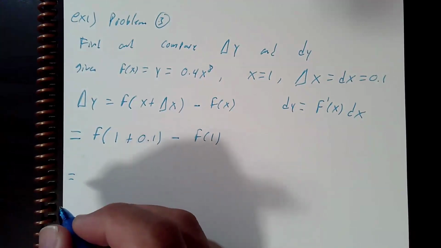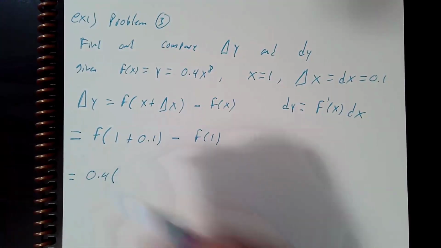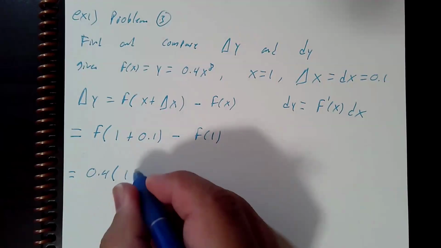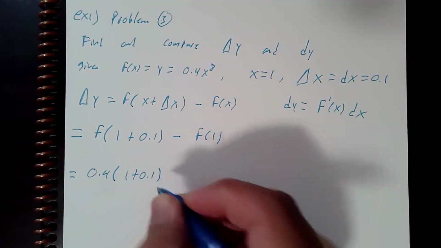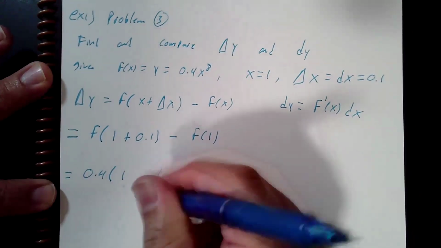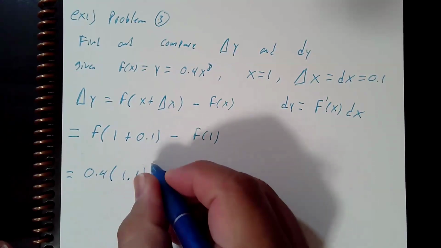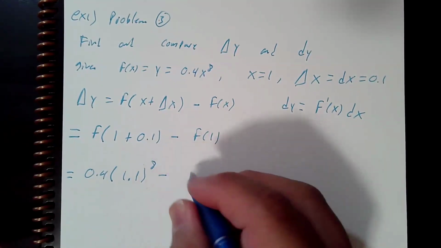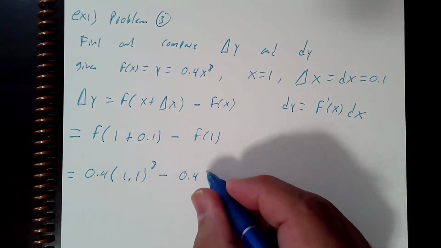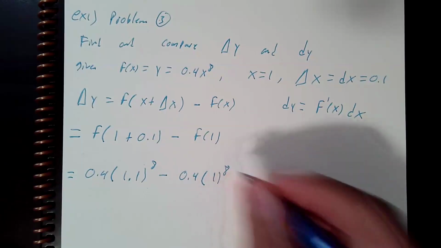So that'll be 0.4 times 1 plus 0.1, or I guess I could just say 1.1, minus 0.4 times 1 to the 8th.